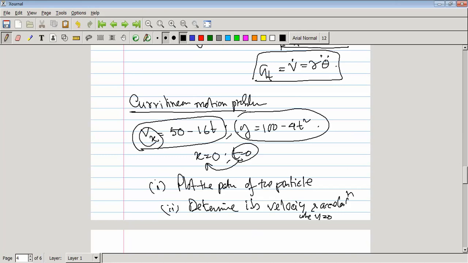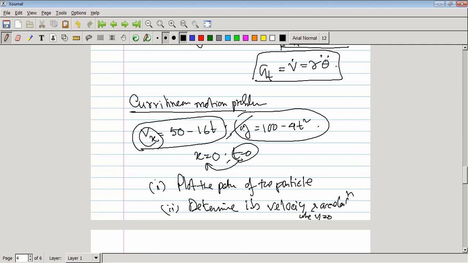It is given in the question that y is equal to 100 minus 4t square, right? When y is equal to 0, in that condition, find out the velocity and acceleration. That is the question. So how to solve?